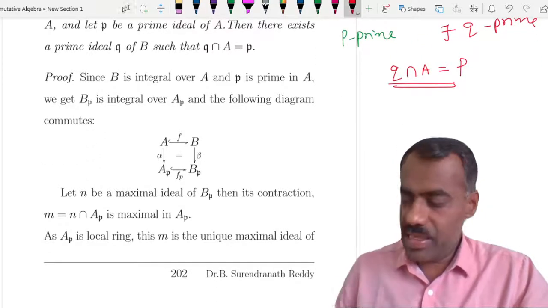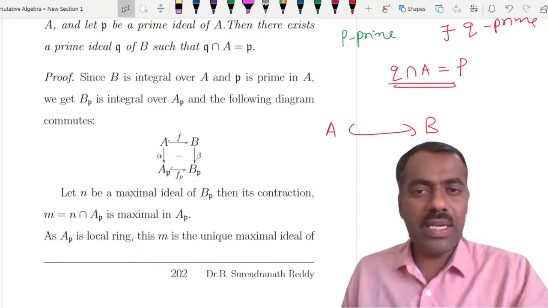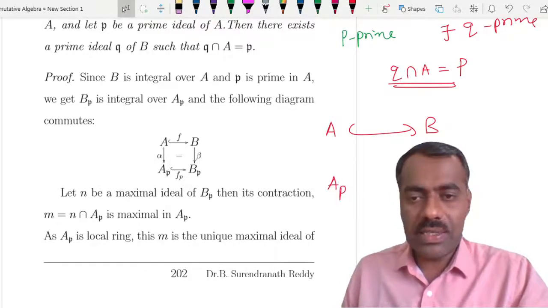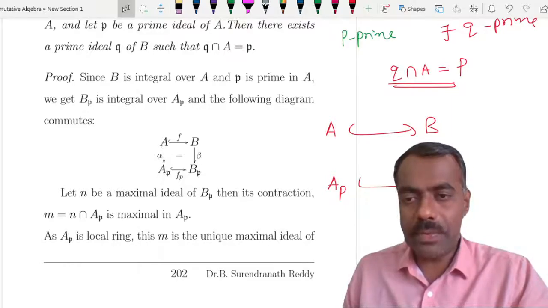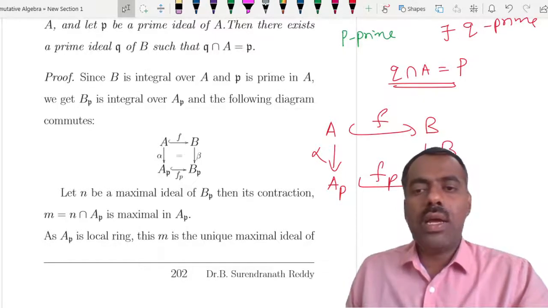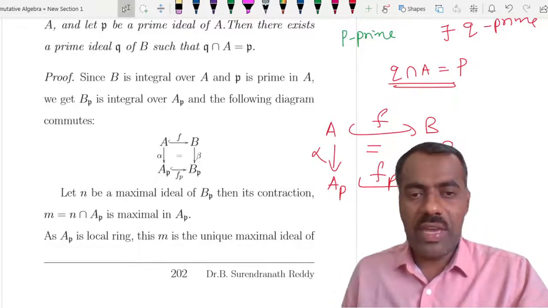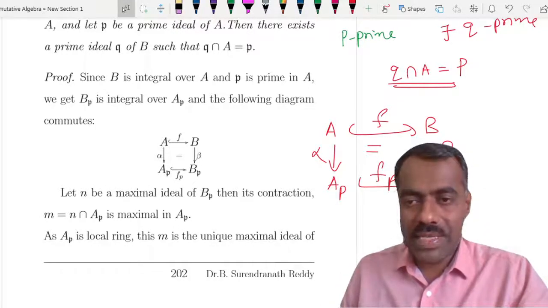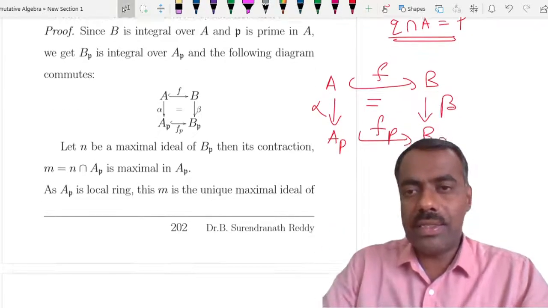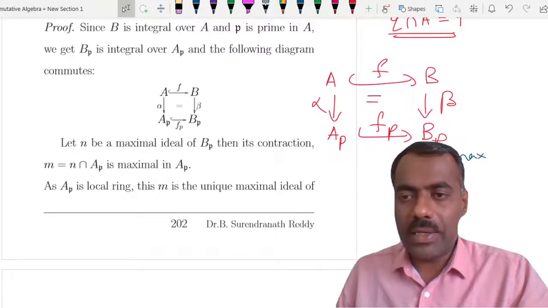Again the idea is using these commutative diagrams. A sits in B by inclusion, then you consider the local rings A_P and B_P; you can call these maps alpha, beta, f and f_P. Then this diagram is a commutative diagram, right? Because it is a local ring, you have a unique maximal ideal, so suppose N is the maximal ideal.